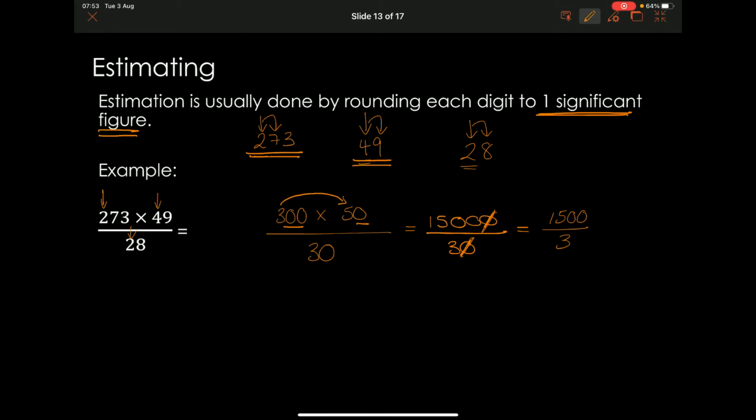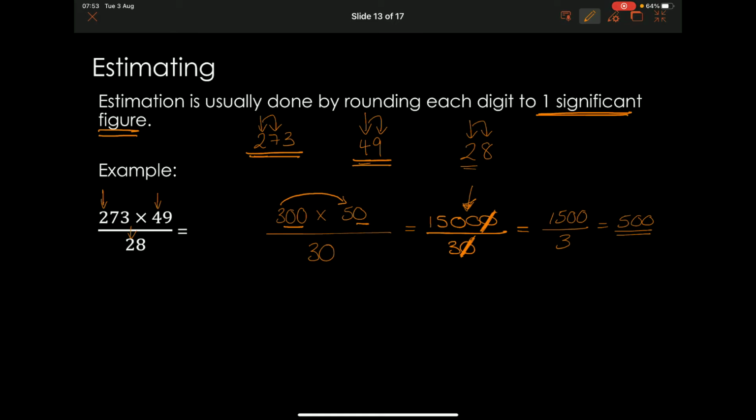If I do 1,500 divided by 3, it will give me exactly the same answer as if I'd done 15,000 divided by 30, because I've divided them both by 10 to get rid of those zeros. So it's the same question. 15 divided by 3 is 5, and then add your 2 zeros on. So it's 500, which you probably would have known anyway.